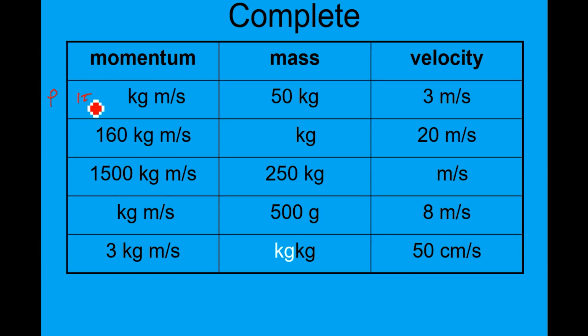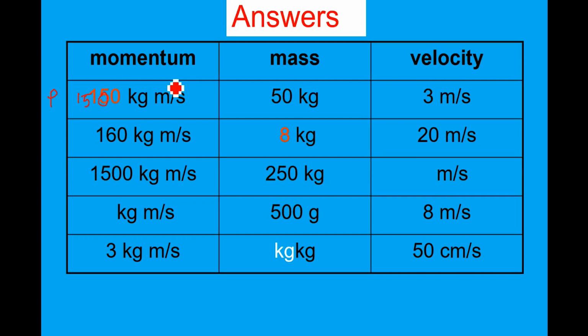So 150 kg meter per second is the answer. Next one, momentum and velocity are given. We have to find the mass. So momentum divided by velocity: 160 kg meter per second divided by 20 meters per second, so 8 kg. Now, momentum and mass are given. We have to find the velocity.